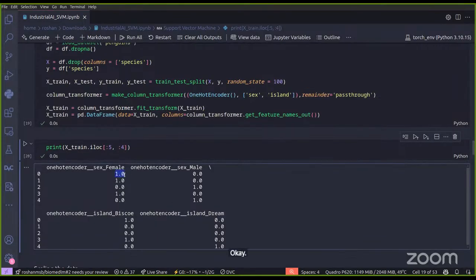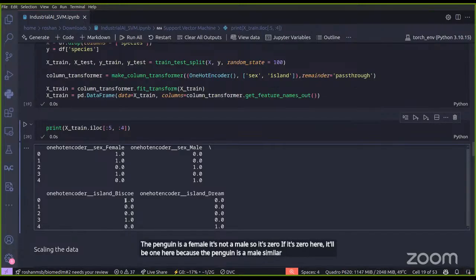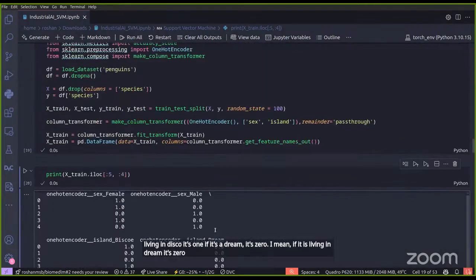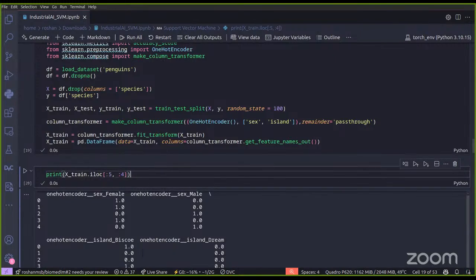If it's 1 in this column, the penguin is a female. It's not a male, so it's 0. If it's 0 here, it will be 1 here because the penguin is a male. Similar case to islands. If it's living in Biscoe, it's 1. If it is living in Dream, it's 0. Any doubts till now?